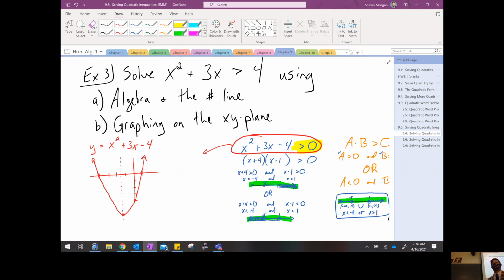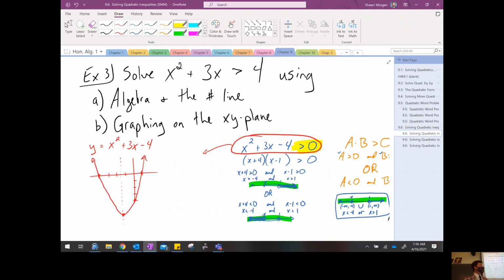How would you describe the part of the parabola that has its y coordinates greater than 0? Grove? Above the x-axis. Precisely. Well done. What we're trying to determine when we have a quadratic expression that is set greater than 0 is where that curve is above the x-axis.